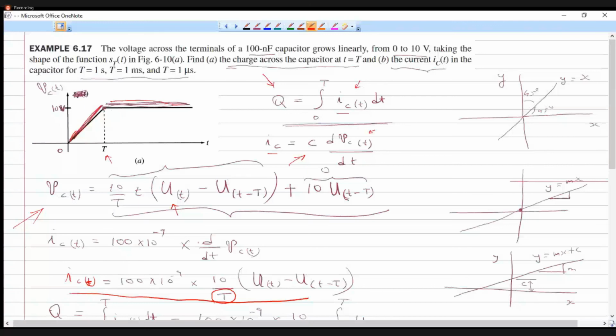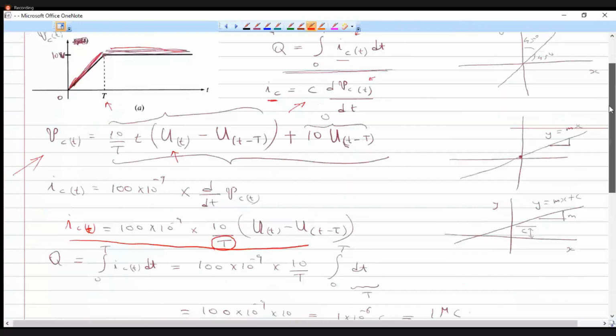Before telling that method, what we have done in the next step is, we know that the current IC is C times the derivative of this voltage. So we found the derivative with respect to time, and then found the current.